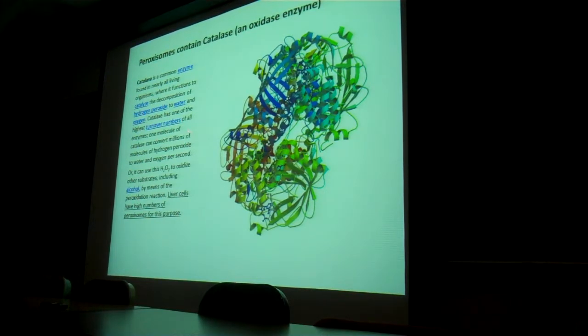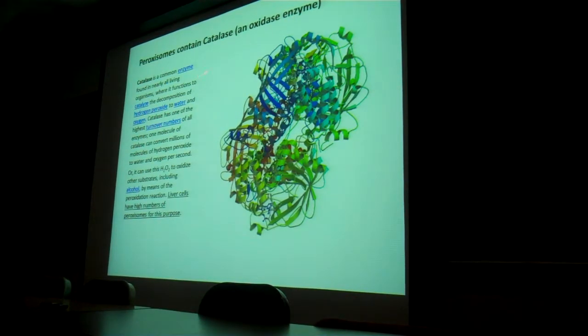But the peroxisomes are also important for oxidizing long-chain fatty acids into shorter-chain fatty acids, which can then be broken down and burned as fuel. Okay, and when you can't do that, you get other diseases, like the one coming up.